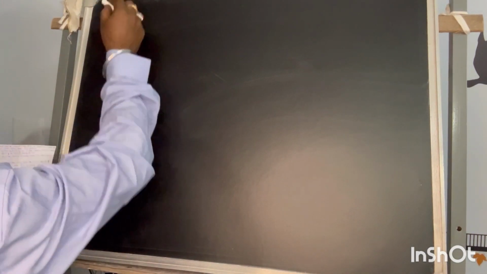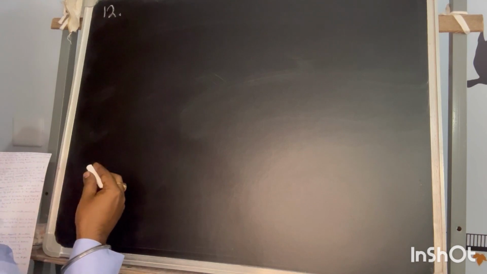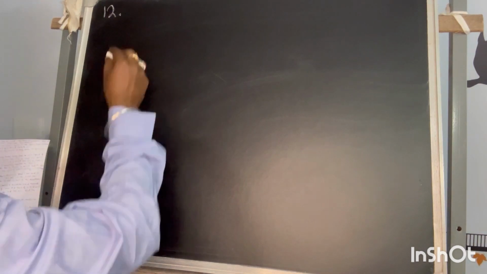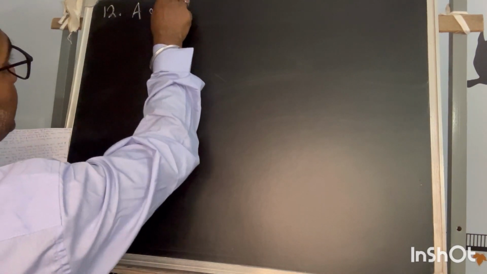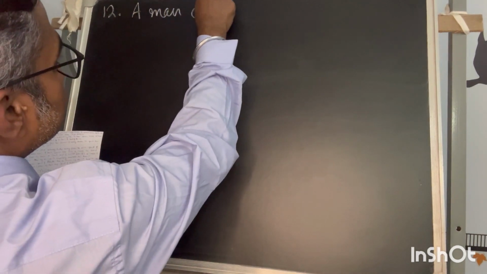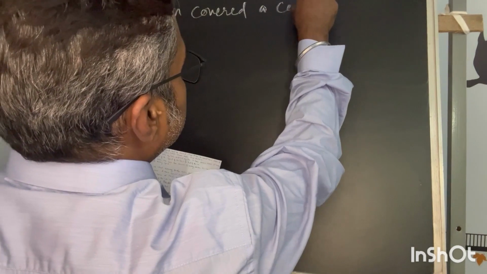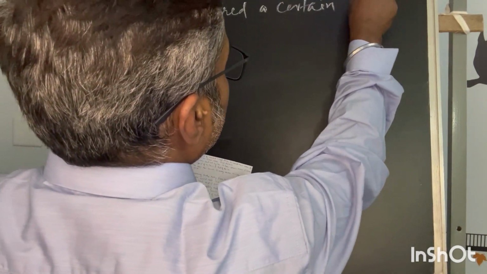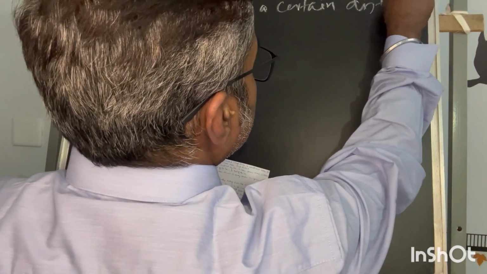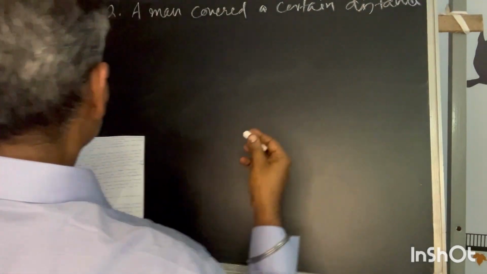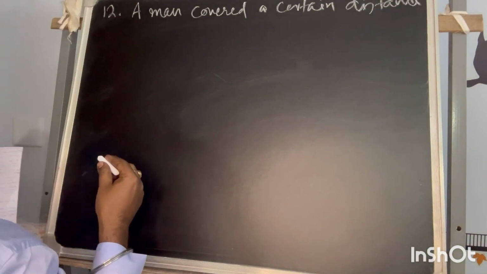Problem number 12 says a man covered a certain distance at some speed.